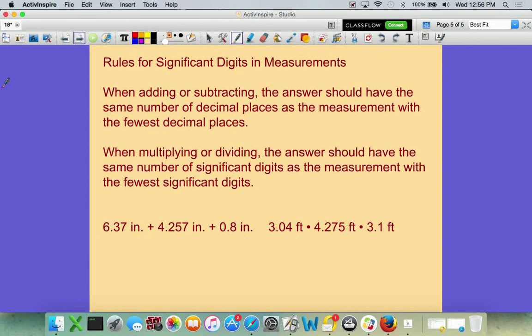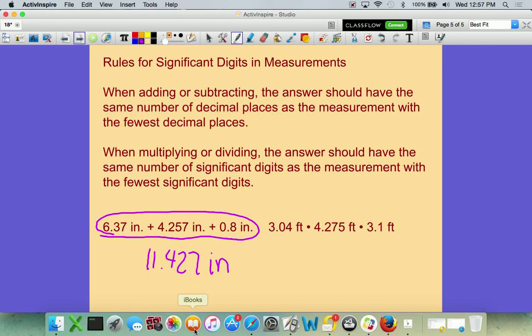So when we come down here and we want to add these together, we're just going to take 6.37 plus 4.257 plus 0.8, and our answer is 11.427 inches. Don't worry about significant digits, just give me the correct answer.